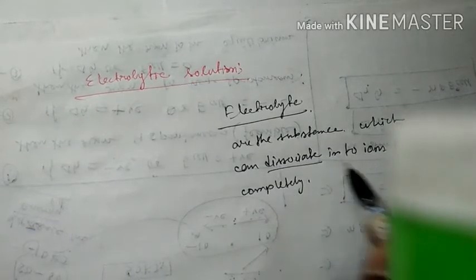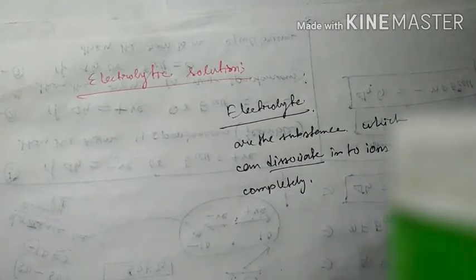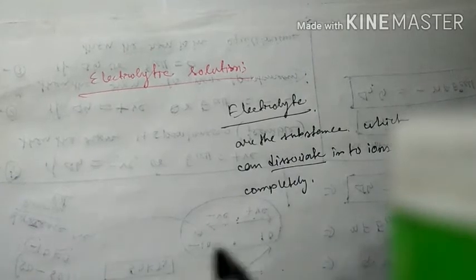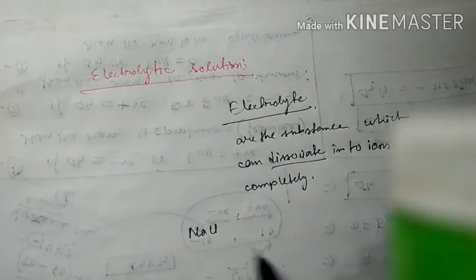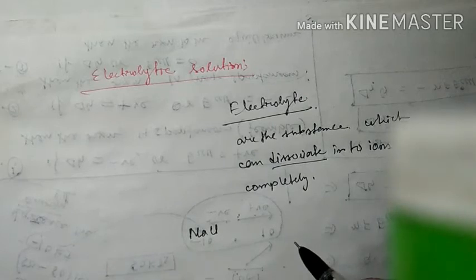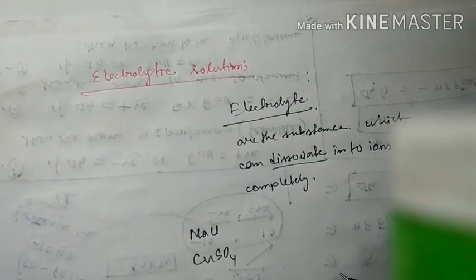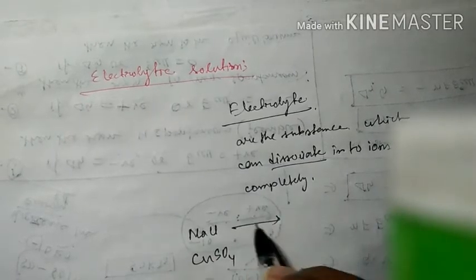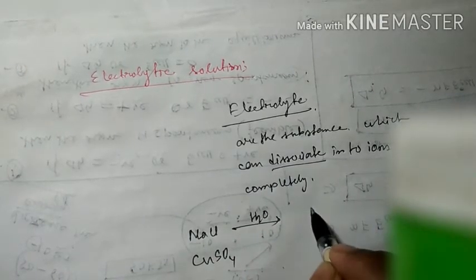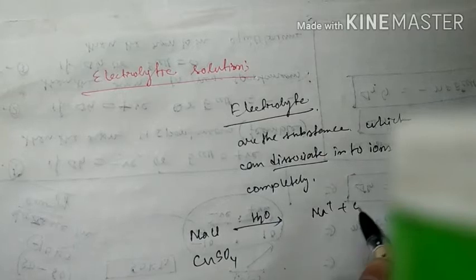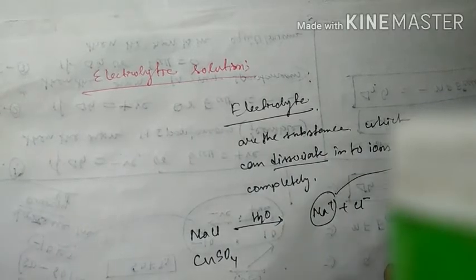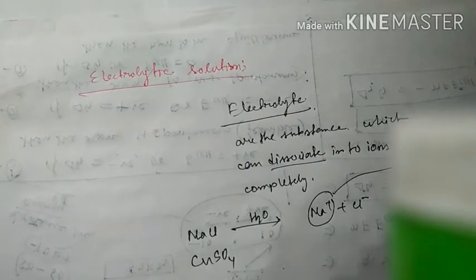Now, what is the meaning of dissociate? Dissociation means the breakdown into ions. Suppose let us take an example here. NaCl, sodium chloride, is a well-known electrolyte. Or you can say copper sulfate is a well-known electrolyte. When it reacts with water, it produces Na plus and Cl negative.